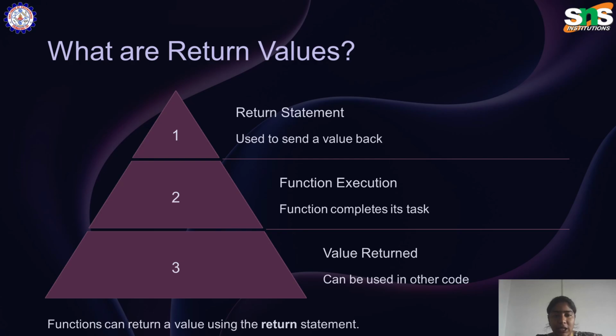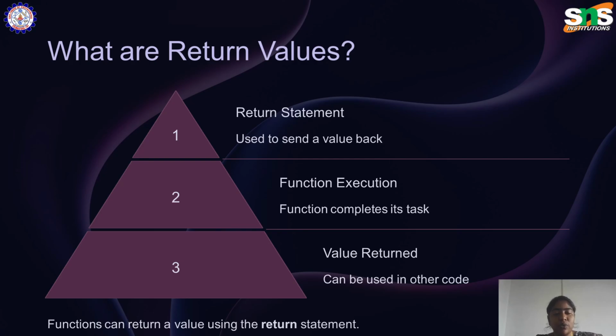What are return values? Functions can return a value using the return statement. The returned value can be used in other parts of the program. Let's see how return value works. def of multiply within a bracket a comma b colon, below return a plus b.